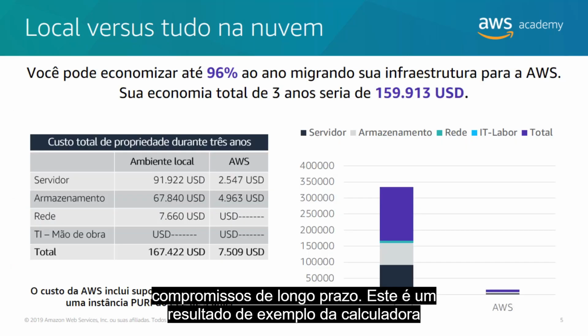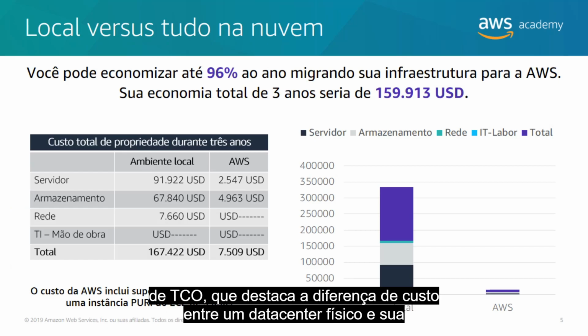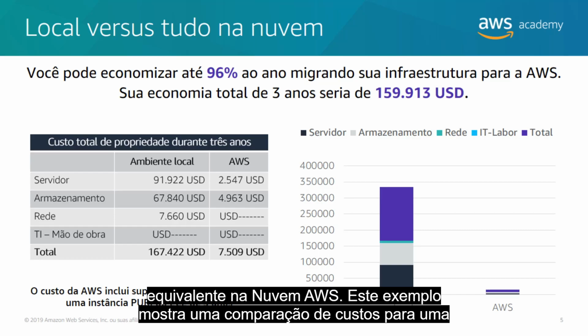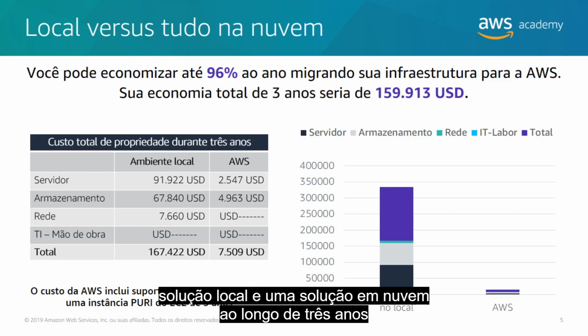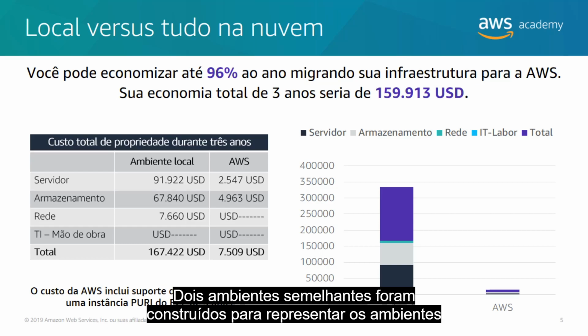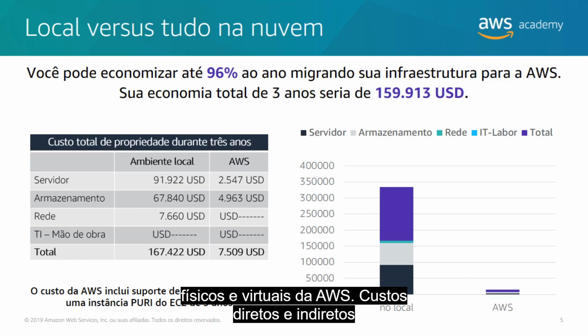This is an example result from the TCO calculator, which highlights the difference in cost between a physical data center and its AWS Cloud equivalent. This example shows a cost comparison for an on-premises solution and a cloud solution over 3 years. Two similar environments were constructed to represent the physical and virtual AWS environments.